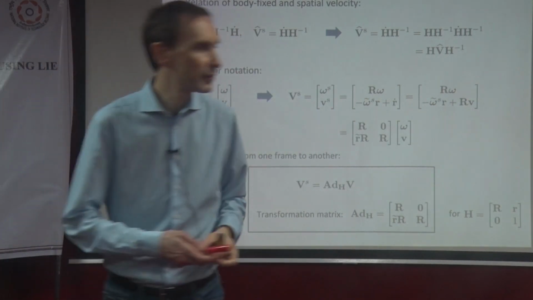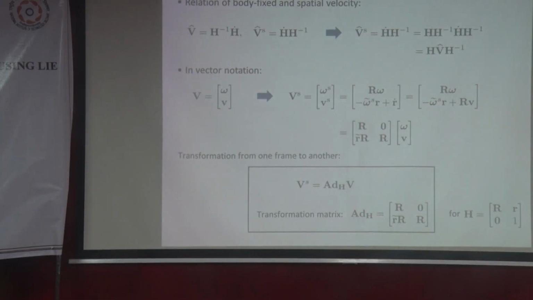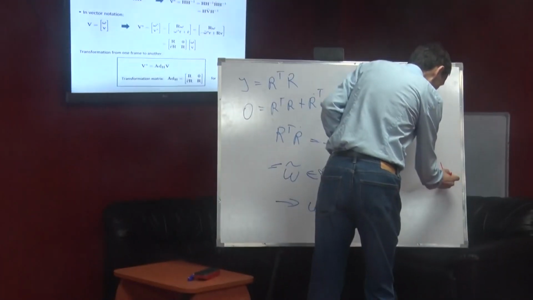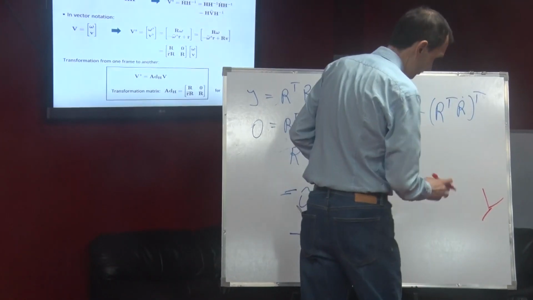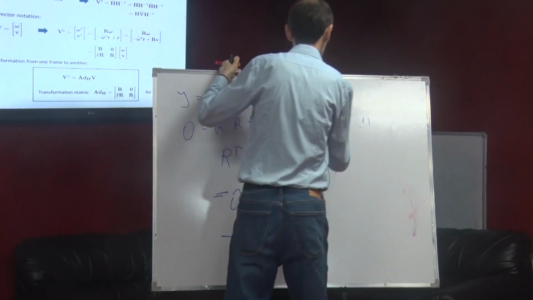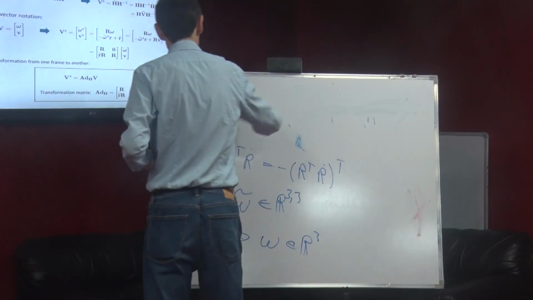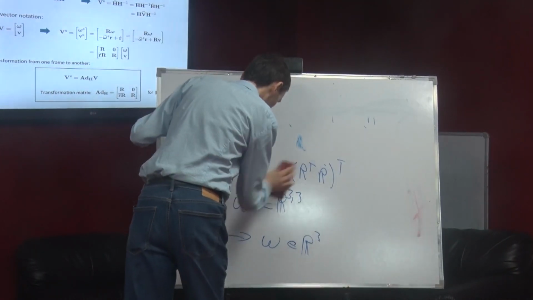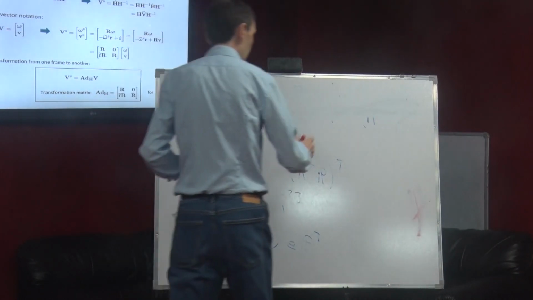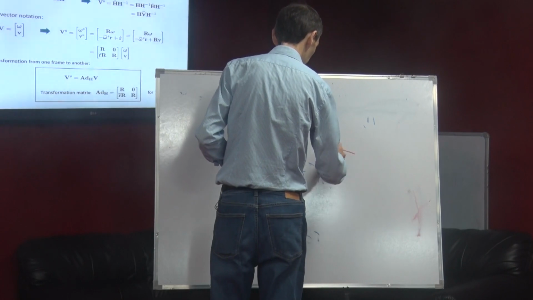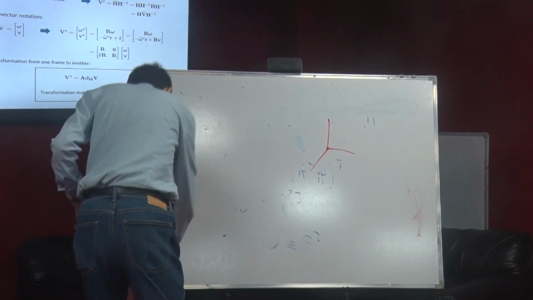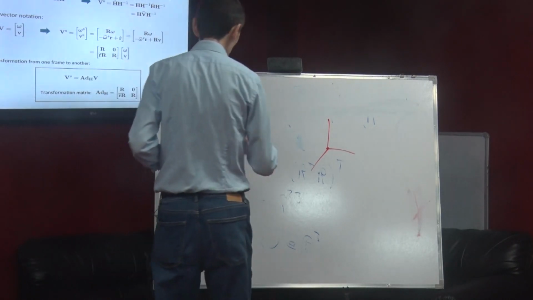So let's say you have one frame here. Anyway, so let's say that we have a frame, and then you express the angular and linear velocity there.